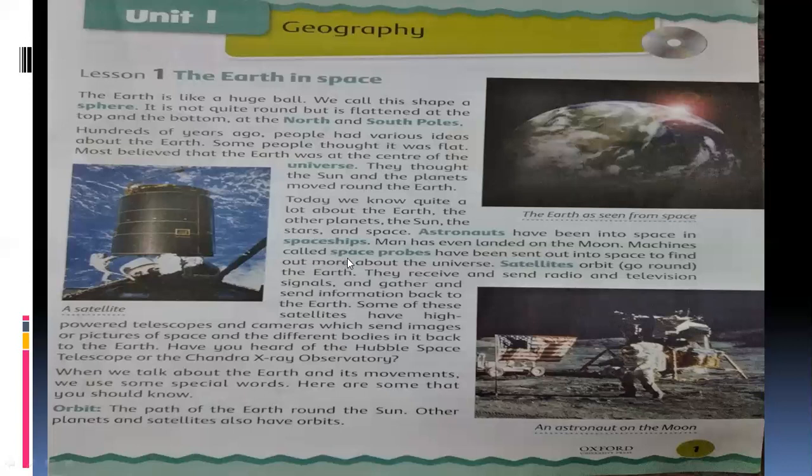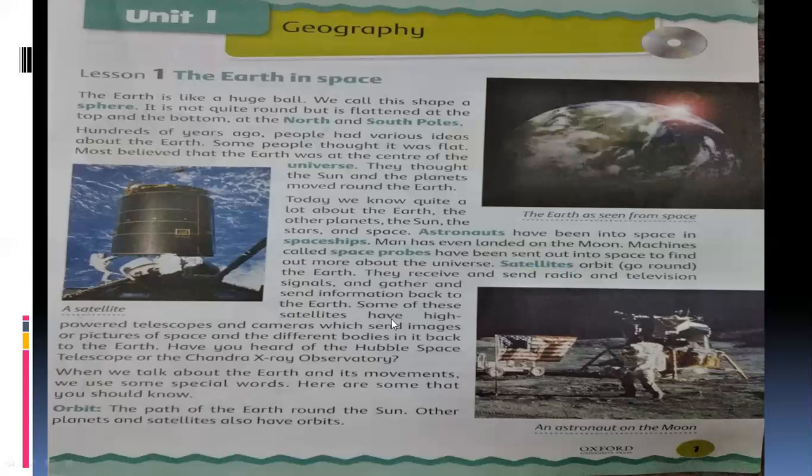Machines called space probes have been sent out into space to find out more about the universe. These are the things which are sent into space to study, to get information about the universe. Satellites orbit, go around the earth. They receive and send radio and television signals and gather and send information back to the earth.